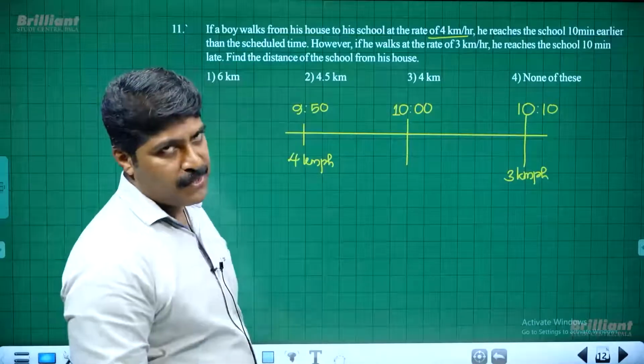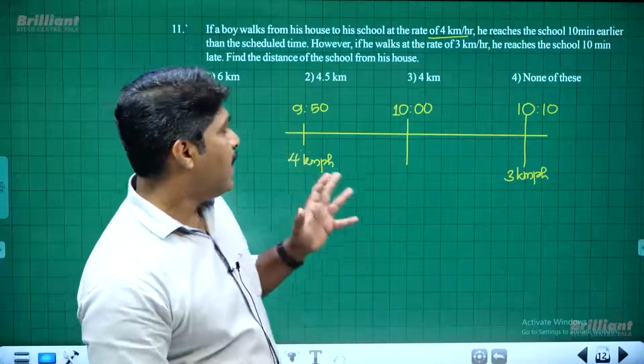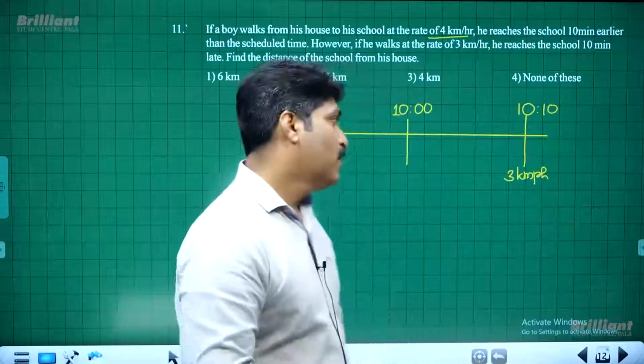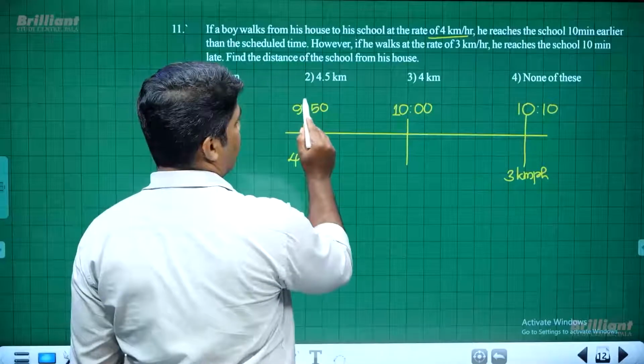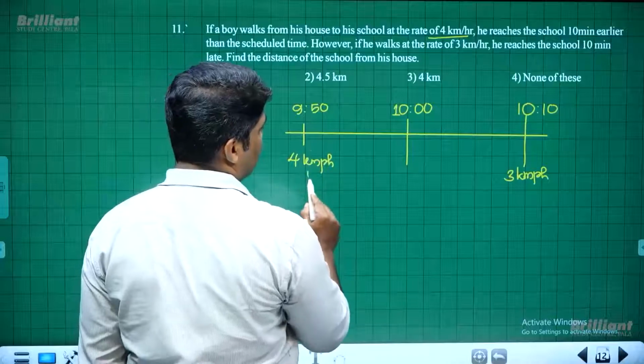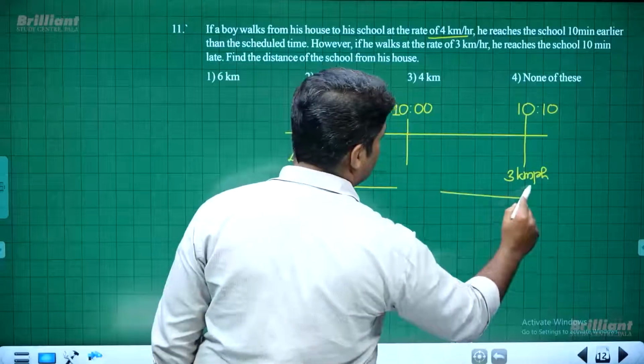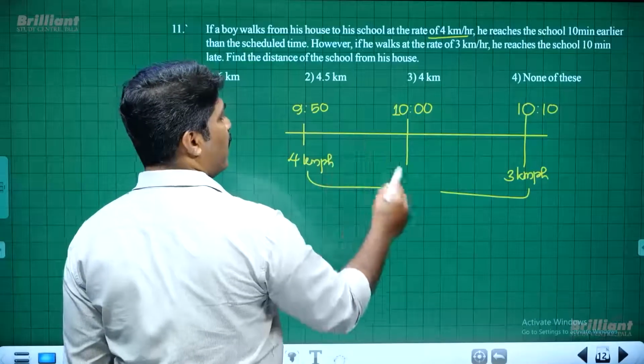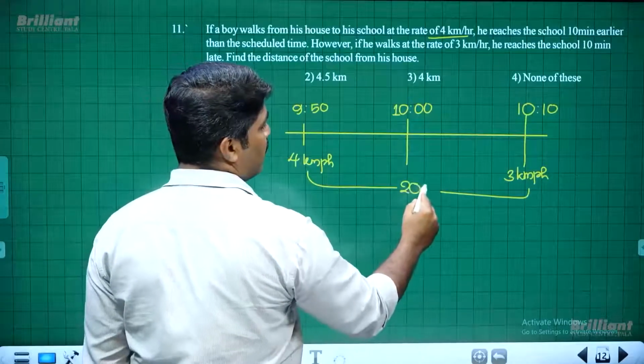Here you have to understand what the time difference is between these two time intervals. From here to here, what's the total time difference? This is 10 minutes late and 10 minutes early, therefore 20 minutes.